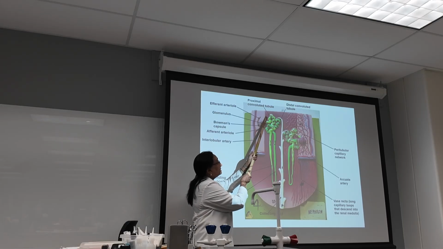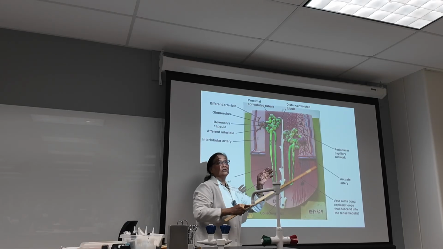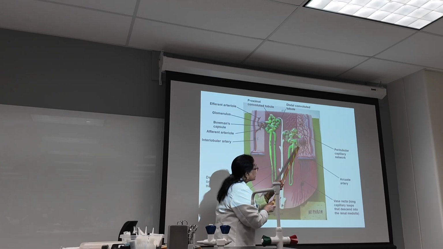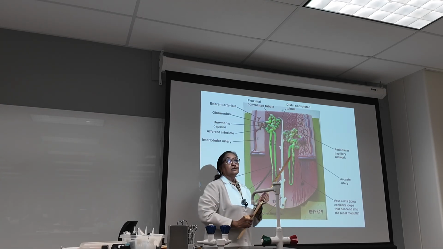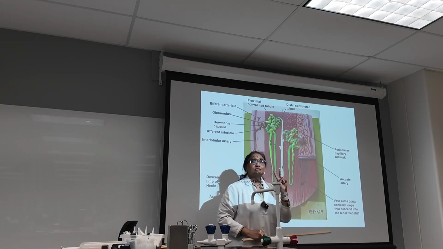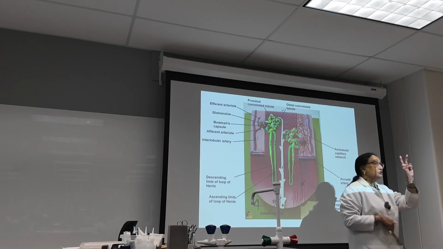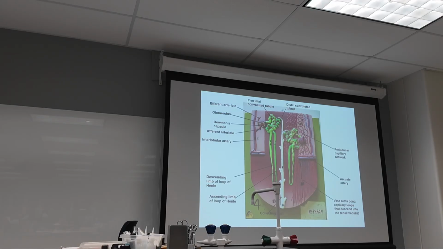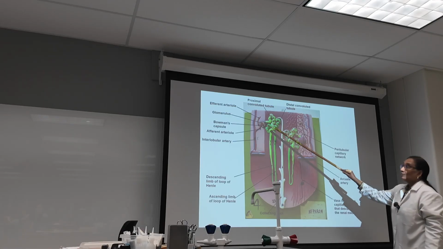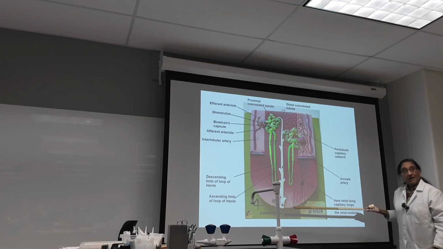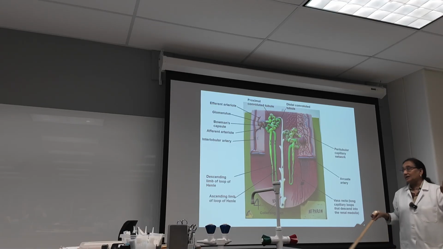The efferent arteriole, once it comes out of the glomerulus, further splits into capillaries which surround the renal tubule. These are called peritubular capillaries. That's why in the lecture I told you the kidney is slightly different because it has two capillary beds. One is glomerulus and again peritubular capillary, and after that it is the venous side.